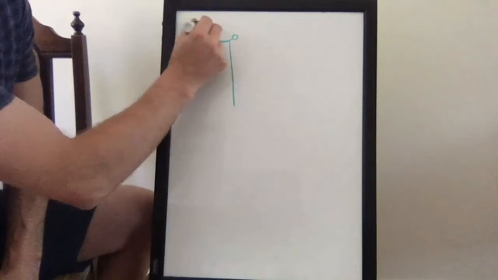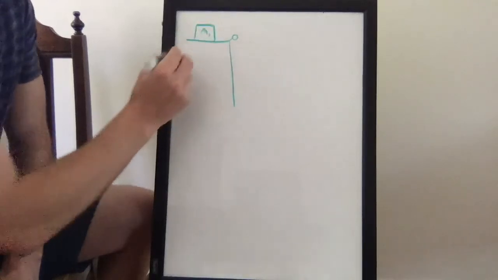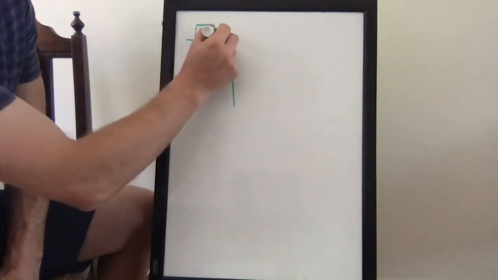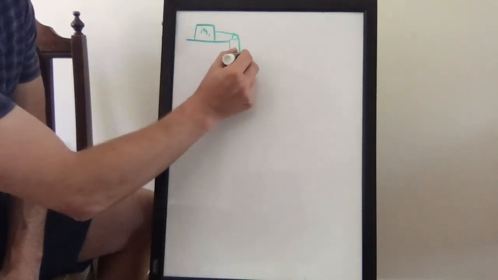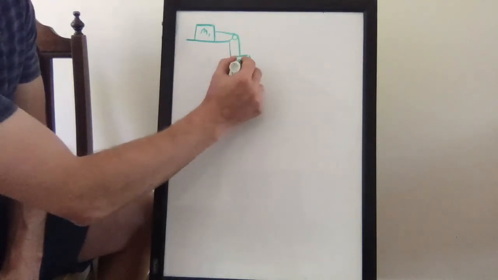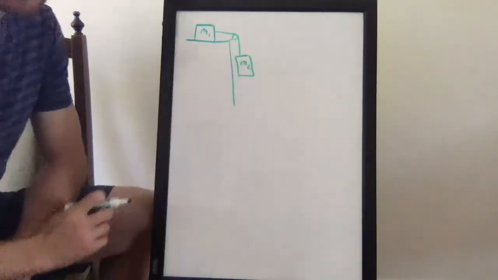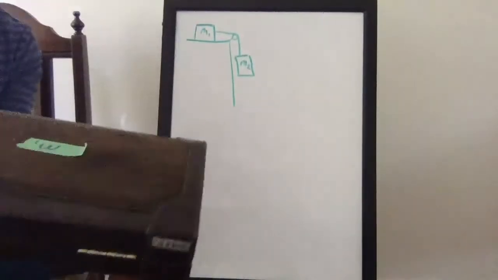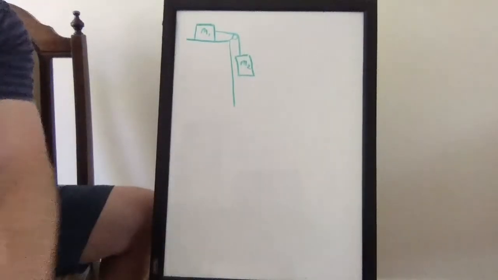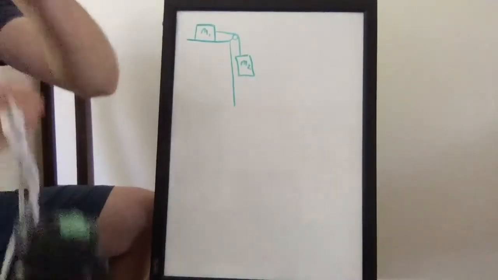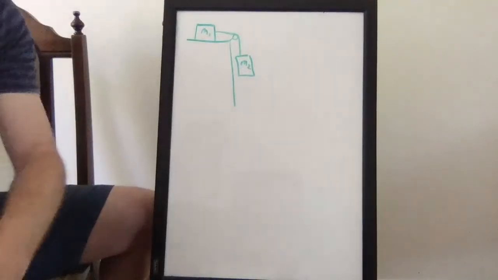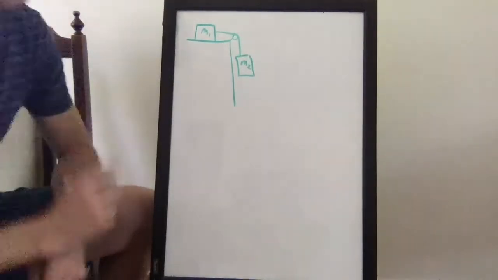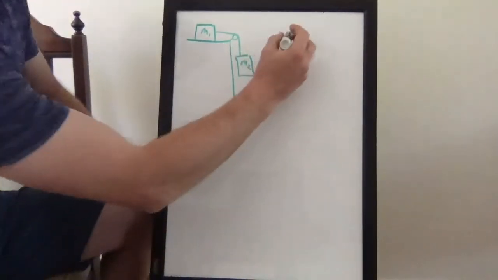We have mass 1 on the top of the table, and it's connected to a string that goes around off the table and is hanging down from mass 2, okay? In this case, mass 1 being the briefcase and mass 2 being the water bottle that's hanging off the side of the table.